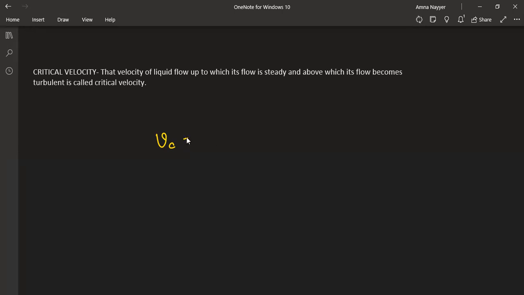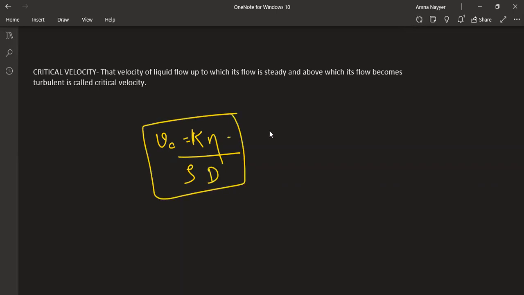So this is a constant K that we use. Eta is the coefficient of viscosity. Rho is the density, and capital D is the diameter.